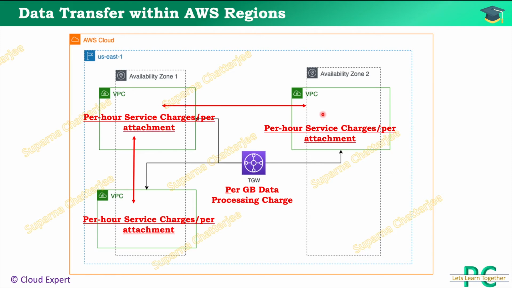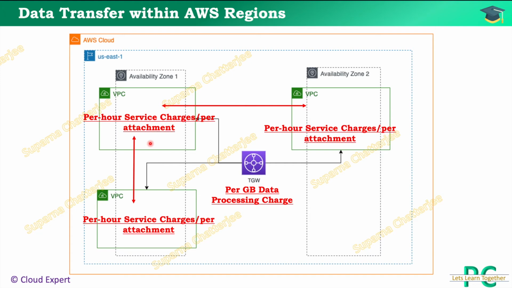Transit Gateway will also charge you based on per VPC attachment, and that charge is a per hour service charge per attachment. In this example, we have three VPCs. That means we have three attachments to the Transit Gateway. And in that case, you are going to pay for three attachments and per hour service charges per attachment.